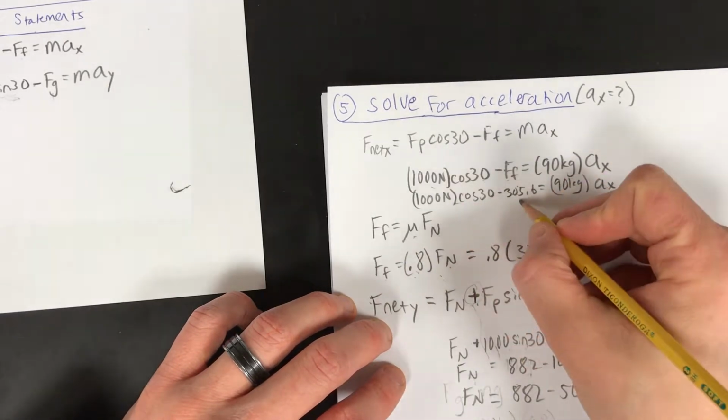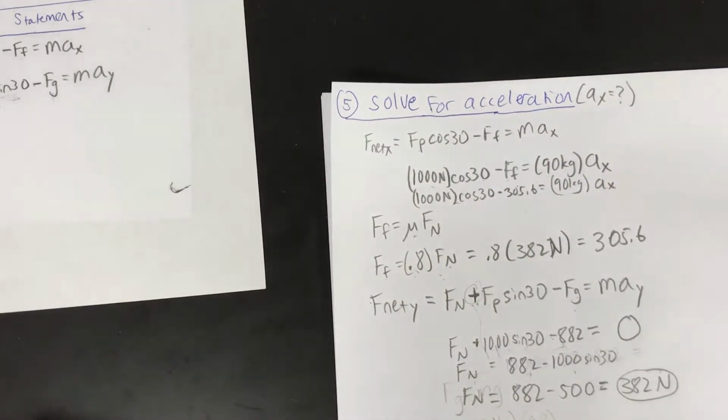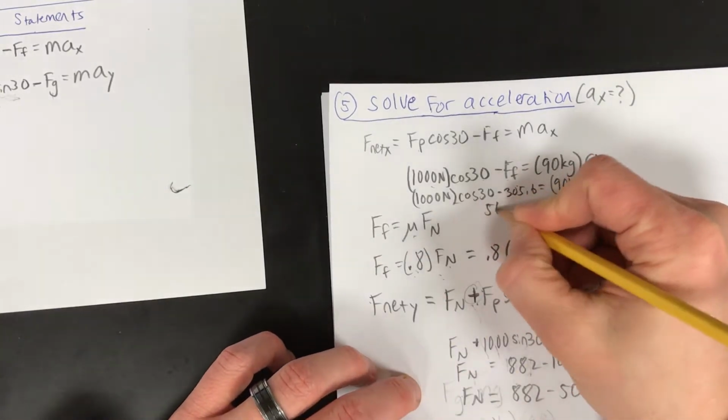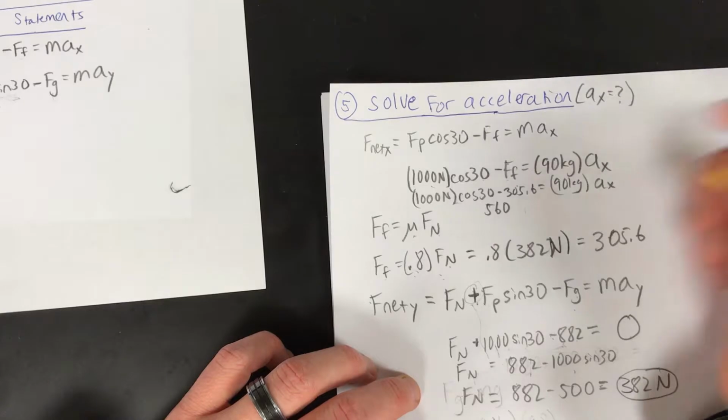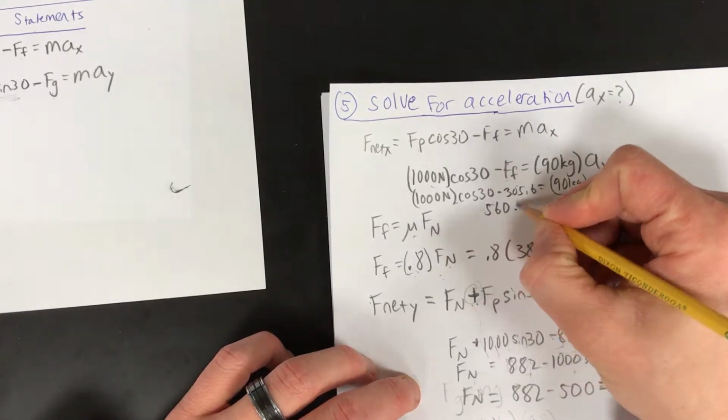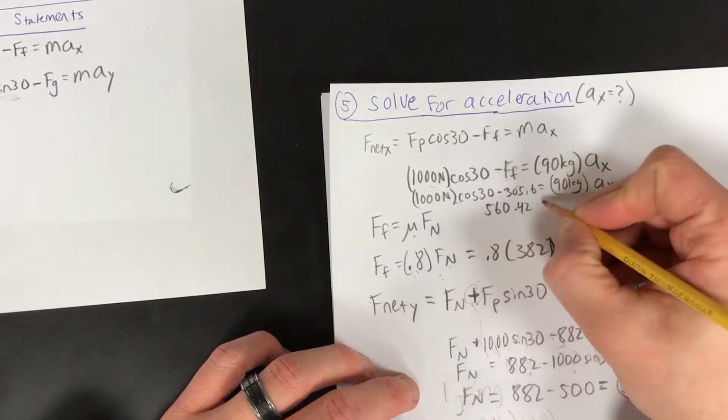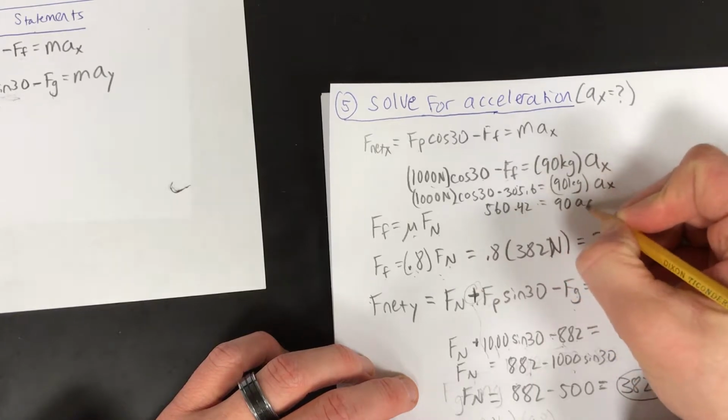Okay, so on the left side of the equation, I'm going to do that on my calculator, 1,000 times cosine 30 minus 305.6 gets me 560.42, and that equals 90 times AX.